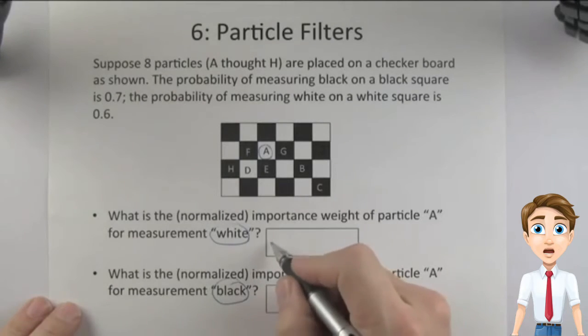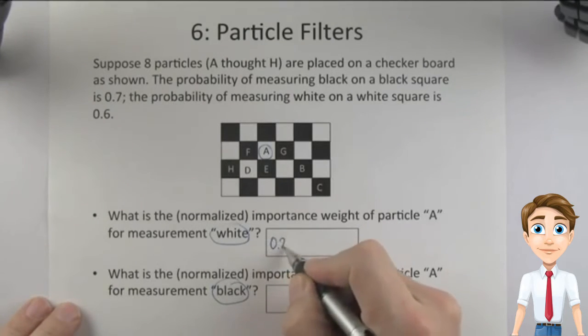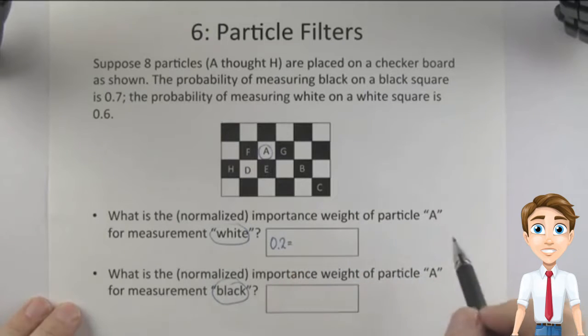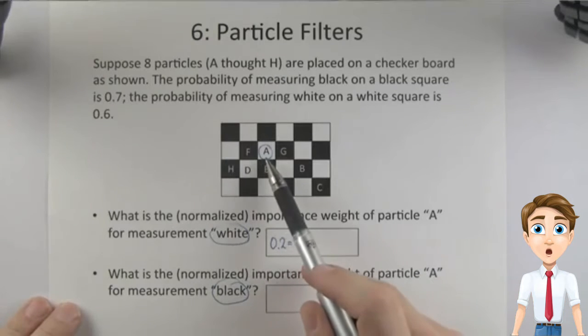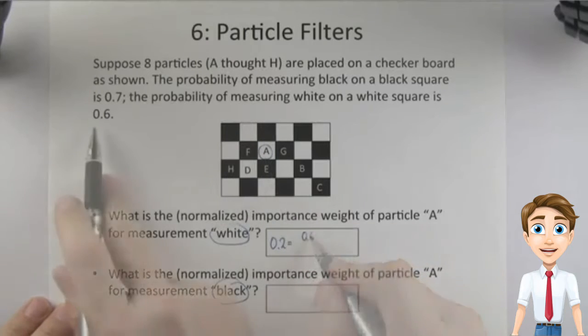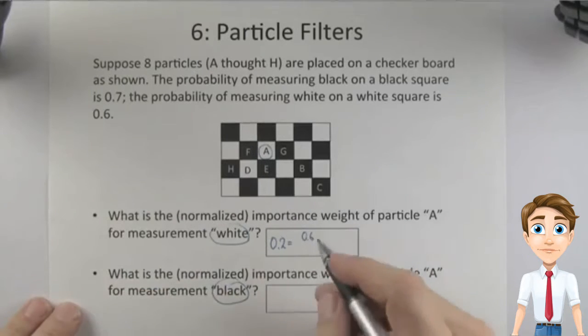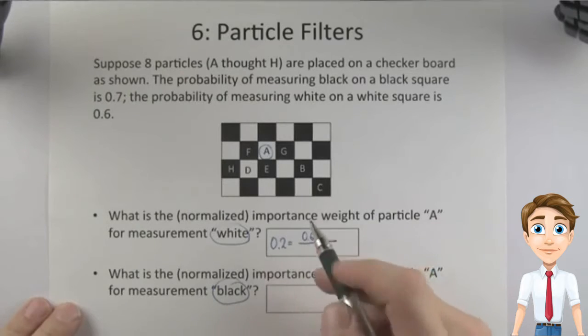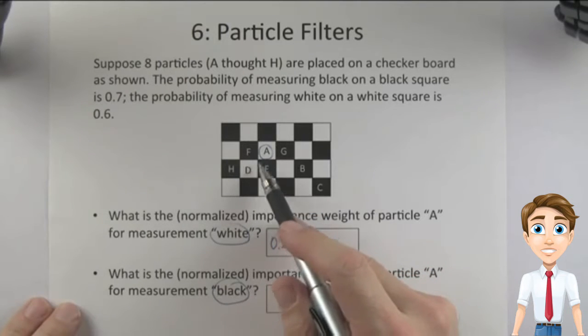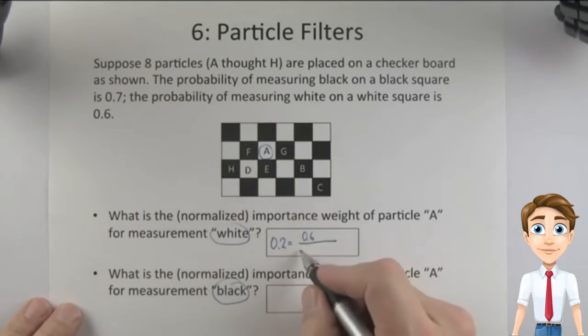In the first case, the answer is 0.2. And the way I got there is the probability of measuring white for A is 0.6, which is the number over here. But we have to normalize. And we find out that 2 particles get the white value, which is 1.2, 2 times 0.6.